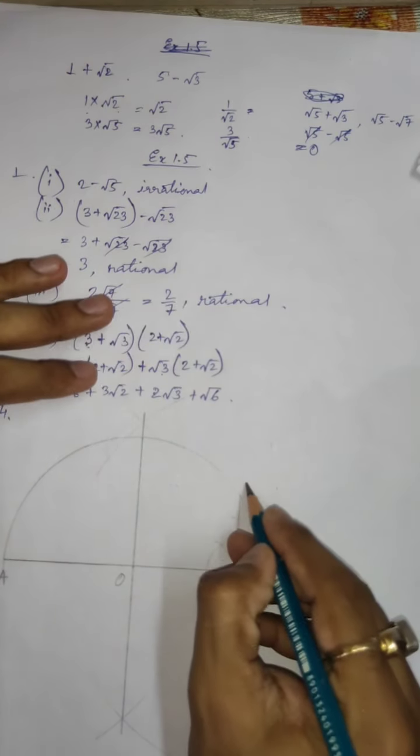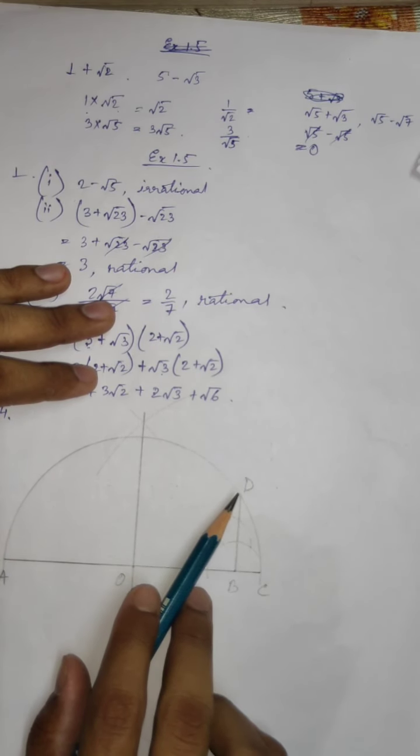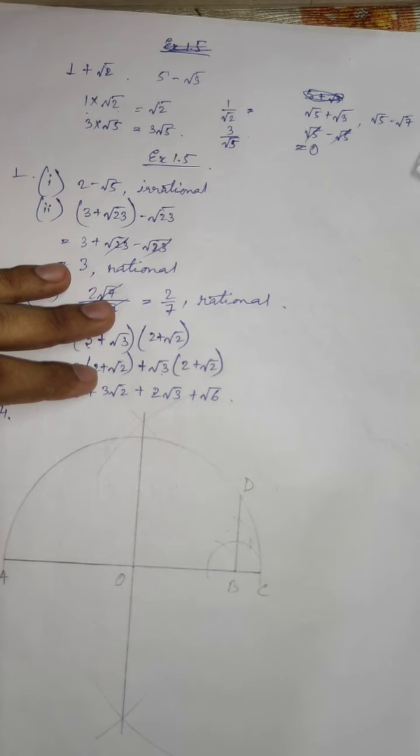Now see, this perpendicular intersects the semicircle at D, at the point D.